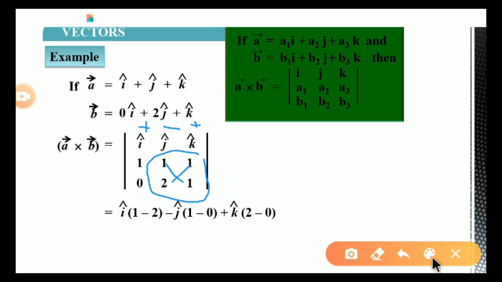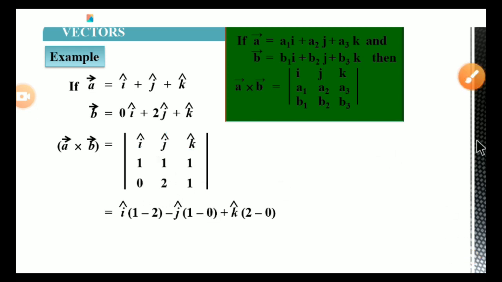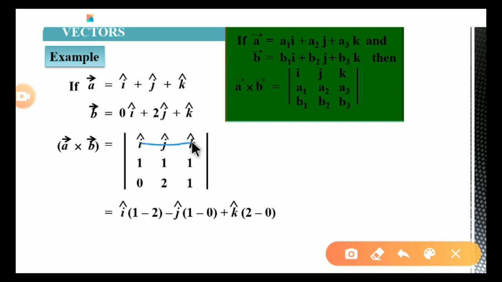Then we take minus j, and leave this column: 1 into 1 minus 0 into 1 is 1. Similarly, we take plus k into the bracket, deleting the first row and third column: 1 into 2 minus 0 into 1, that is 2.